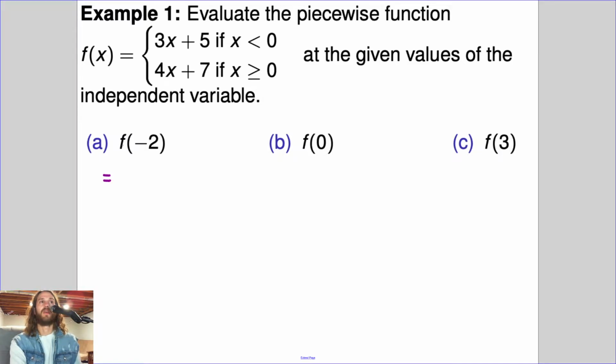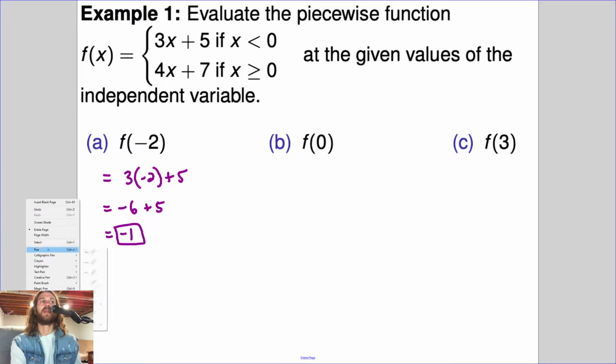For f of -2, since -2 is less than 0, we simply evaluate it at 3 times -2 plus 5. 3 times -2 is -6. -6 plus 5 is equal to -1.